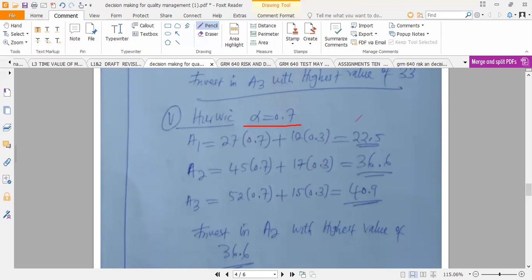So when we put each one of these, we then select the highest payoff. So the 0.7 against the 27, the 12, this is 12, not 10, against 0.3. So in this, our highest is what? A3. So A3 is the one that gives us 40.9. So you pick the highest value.